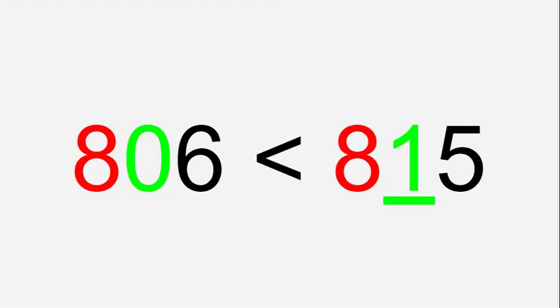The next problem, we have 806, 815. Which is bigger? They are both 3-digit numbers. We can ignore the 8s because they're both 8s in the hundreds place. So then we compare 0 and 1. 0 is less than 1, so we'll say 806 is less than 815.